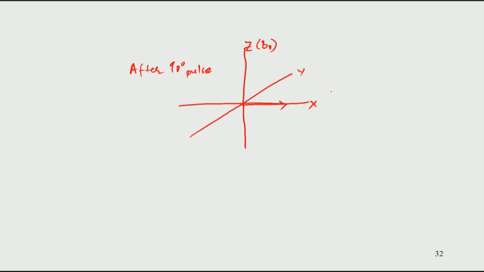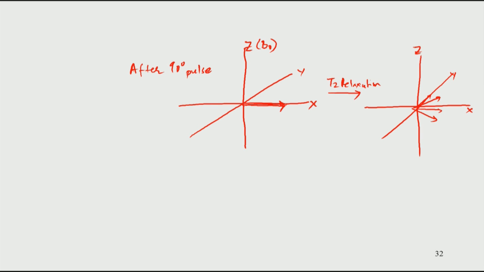Now, what happens is during this T2 relaxation, the spins now start dephasing. So, this is again the x axis, this is the z axis, and this is y. If you look carefully at this particular vector, it is now a sum of many small vectors which are all bunched together.